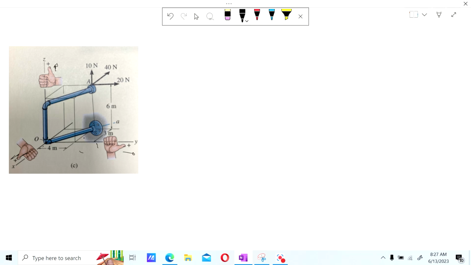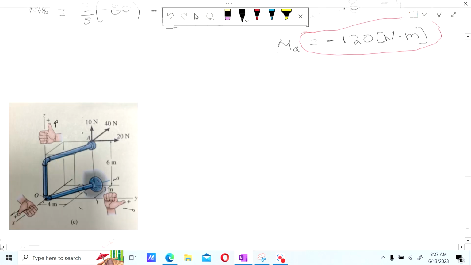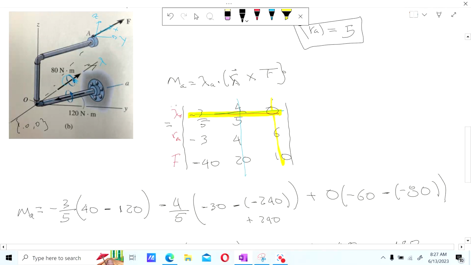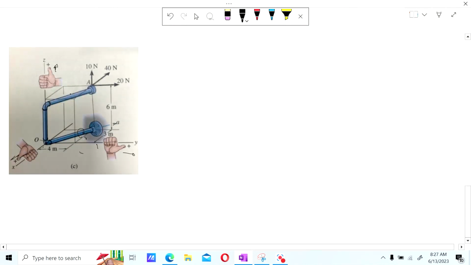If you try and grab the axis such that your thumb is showing the positive direction, the thumb is going to be like that. The moment your fingers will wrap around this way. That is basically the positive direction. So since you got a negative, the negative is going to be the opposite, right? So positive would be wrapping your fingers around it. Well, negative would be the other way. So negative is going around like so.